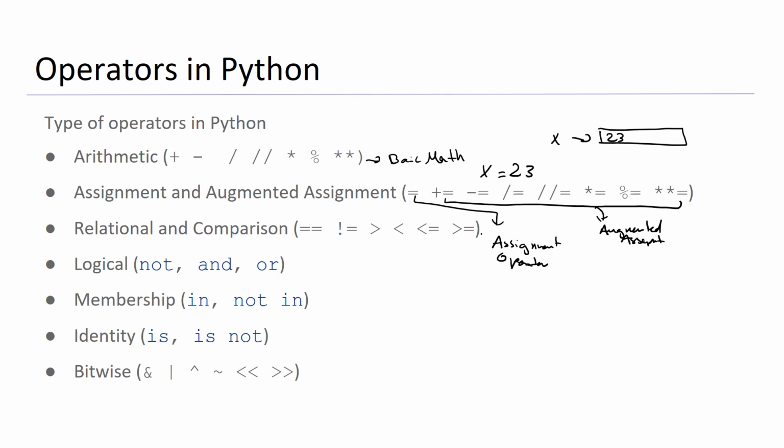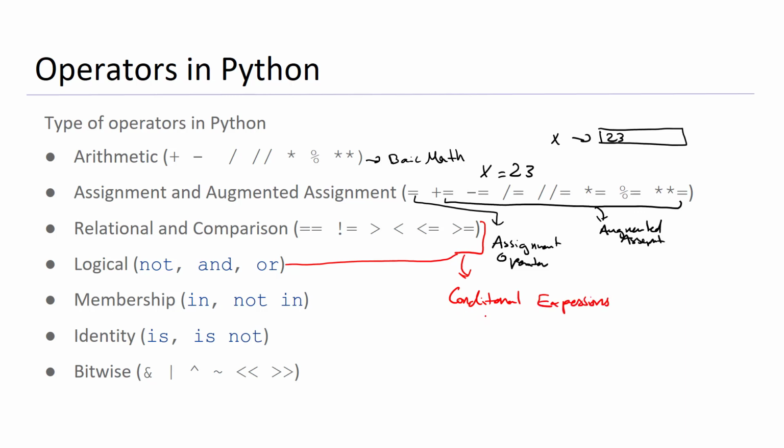You also have relational and comparison operators as well as logical operators, and these are used mainly for Boolean expressions or conditional statements. Relational and logical operators are used to construct conditional expressions.